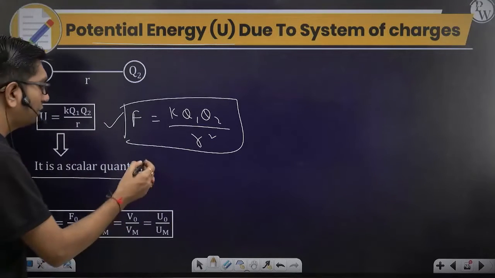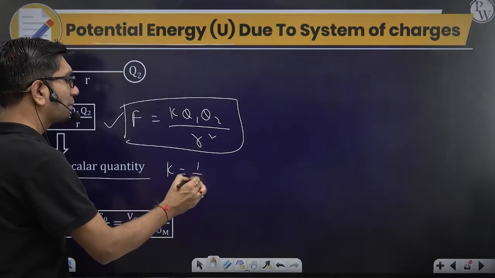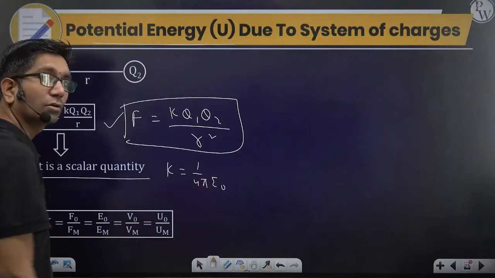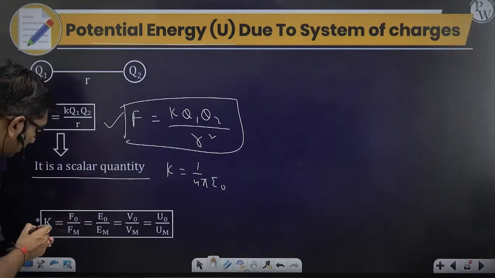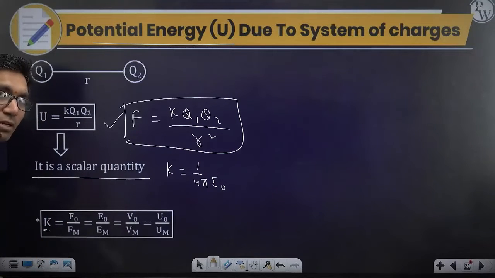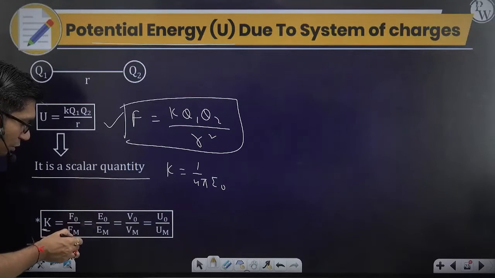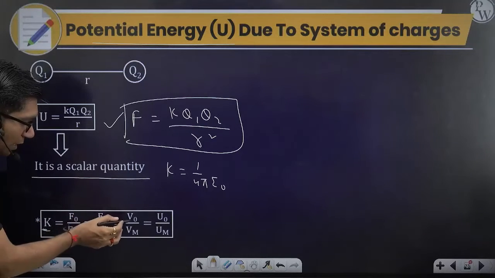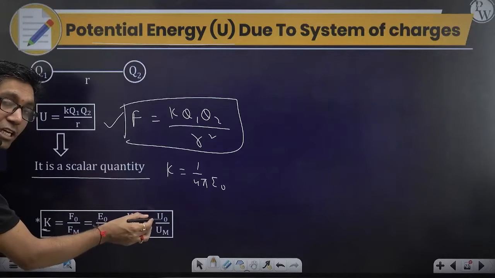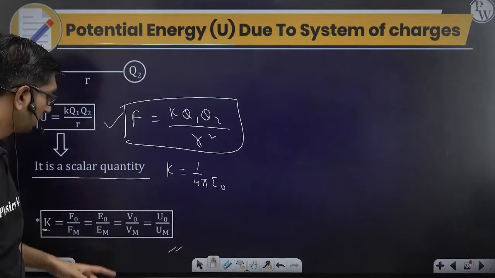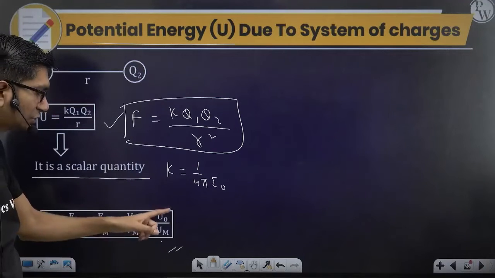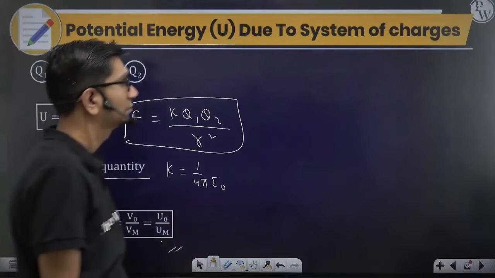K value is 1 by 4 pi epsilon naught. Now, potential energy in terms of dielectric or relative permittivity. Already I said, for force, electric field, potential and potential energy, the same applies. Remember this one. He may give you this, so you have to calculate it. Clear?